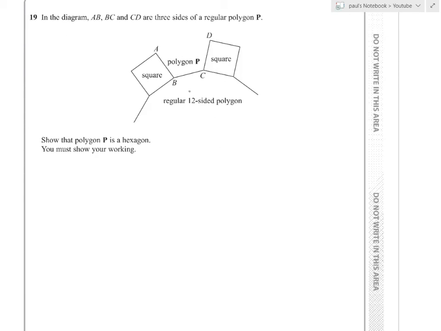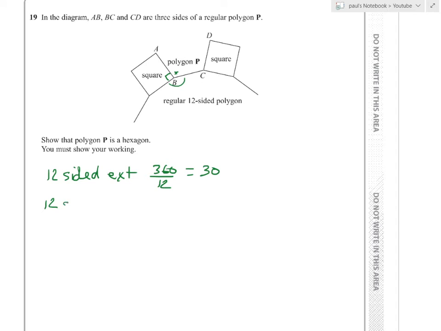Polygon P, and there's a 12-sided polygon. Show that polygon P is a hexagon. So we've got to work out the internal angle of polygon P. In order to do that, we know that's the right angle. If we find that one, which is the internal angle of a 12-sided polygon. So the 12-sided external is 360 divided by 12, which equals 30.